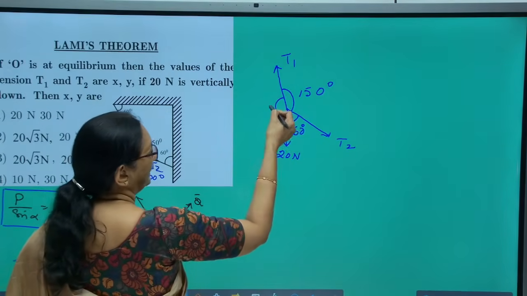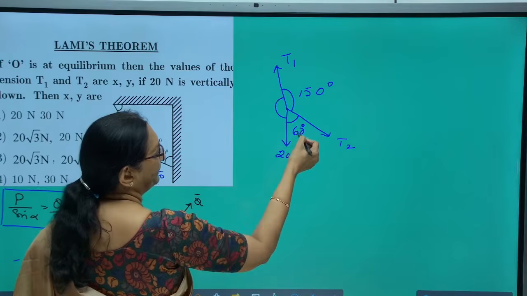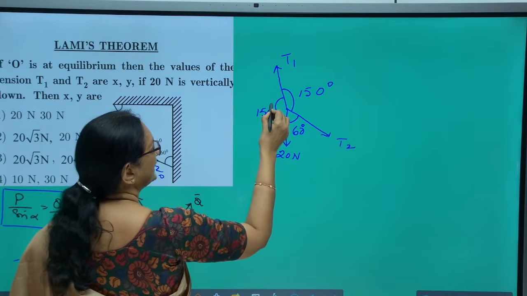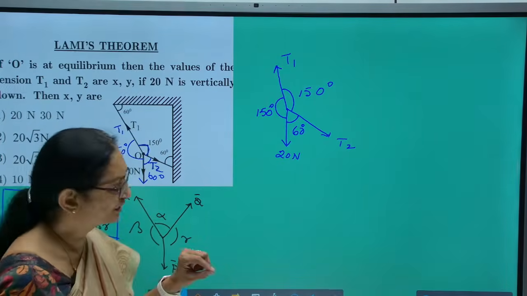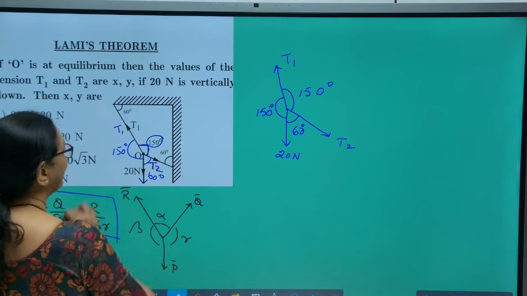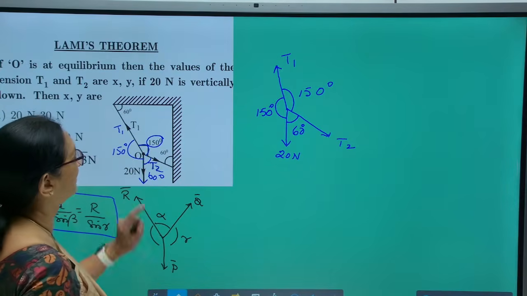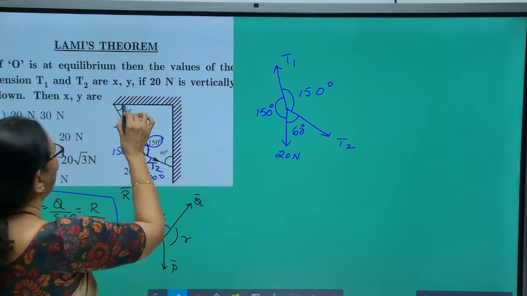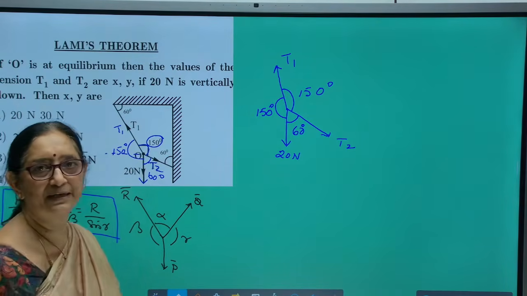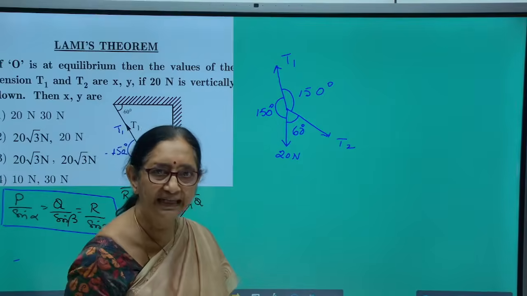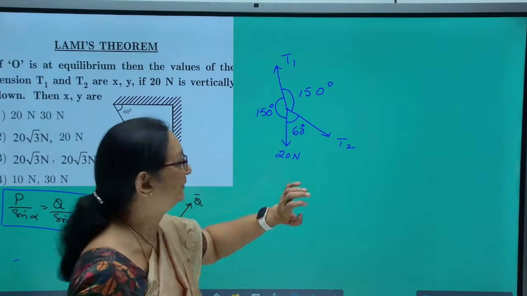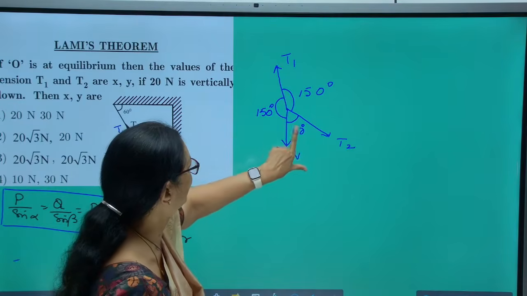So, 150 plus 60 is 210 and the remaining is 150 degrees. Actually, in this problem, even if this 150 is not given, we can find it as 150. But anyway, in the problem, it's given much simpler. So, this is 150, 60.